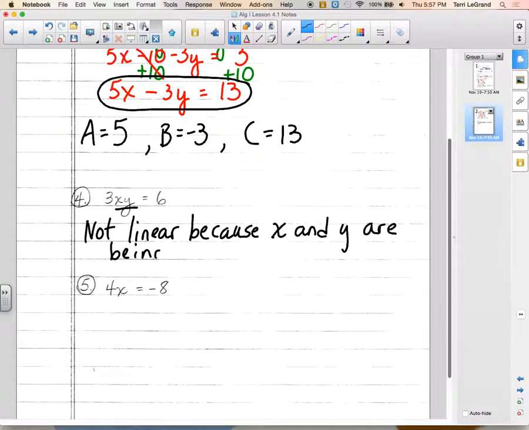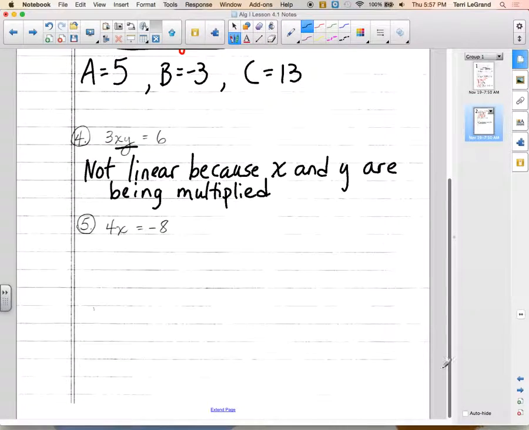They are factors in this, both of them. Not linear because x and y are being multiplied times each other. Remember, it only has to fail one of the tests, and that's the test it fails for being linear.